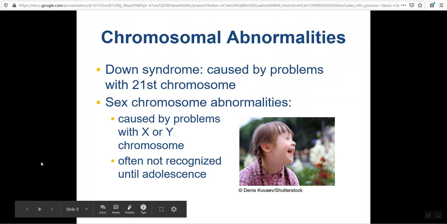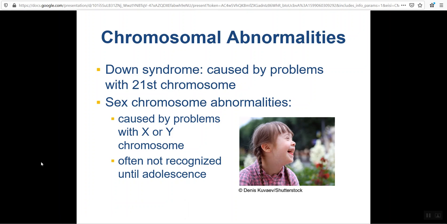There are multiple chromosomal abnormalities. The most frequently seen is something called Down syndrome, and that's caused by a problem with the 21st chromosome. You will read more about that in your textbook, and as we go through the semester, some of the effects of some of these chromosomal abnormalities.